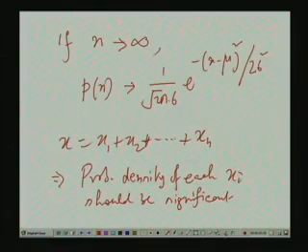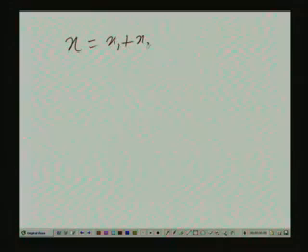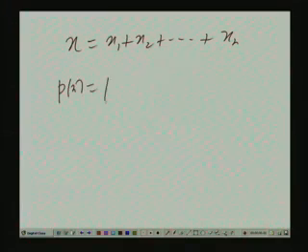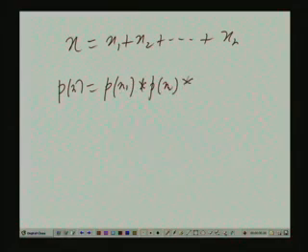What I mean by this is, suppose, as I said, x equal to x 1 plus x 2 plus dot dot dot x n, which means p x, as we know, is p x 1 convolved with p x 2 convolved with dot dot dot convolved with p x n.